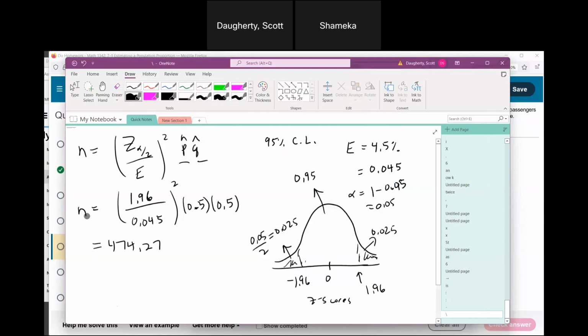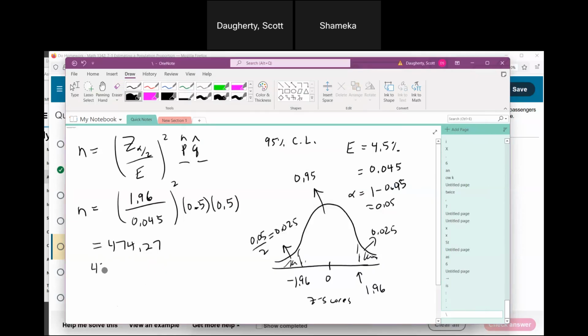Now, the thing about this number is it represents people. And so it's either 474 people or 475 people. You can't survey 0.27 of a person.